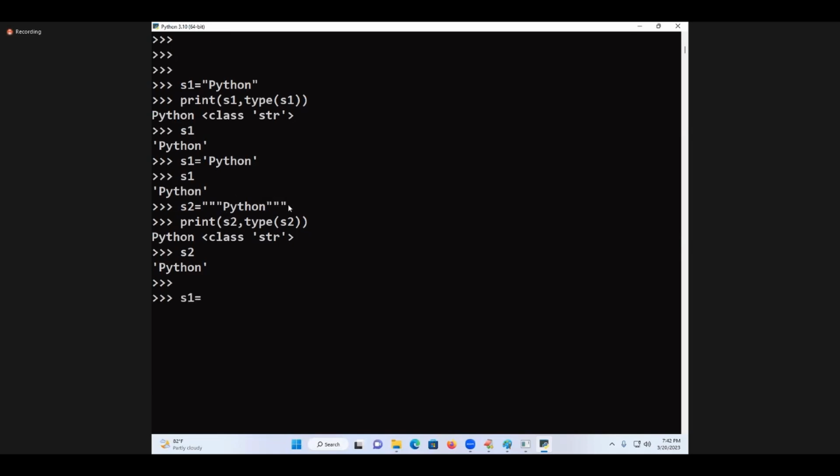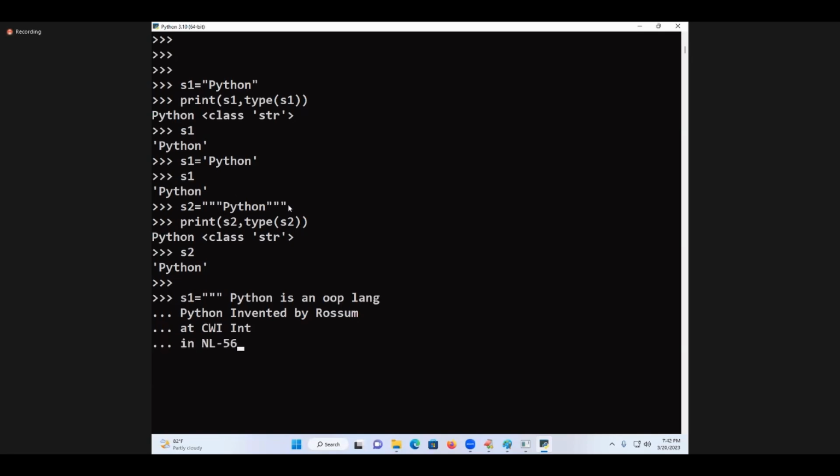Similarly, S1 is equal to triple double quotes. Python is an OOP language. Python invented by Guido van Rossum at CWI Institute in Netherlands.